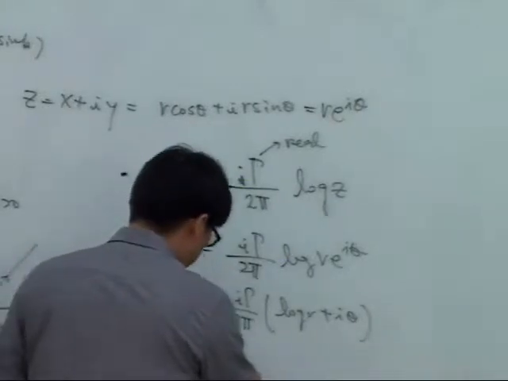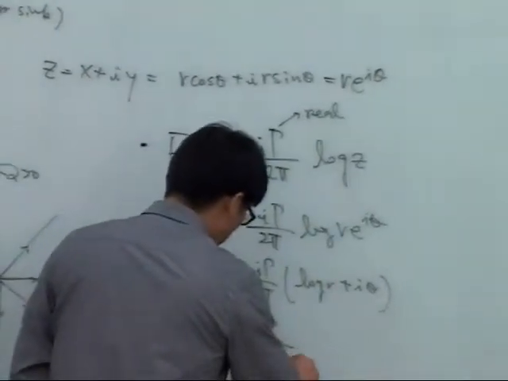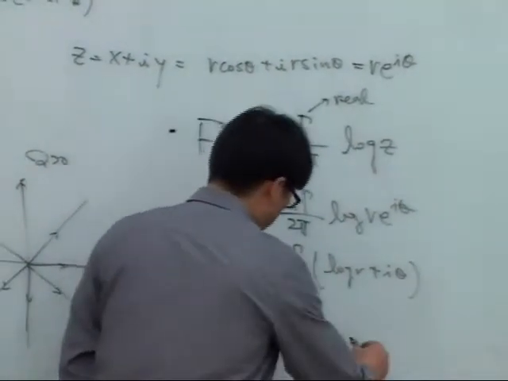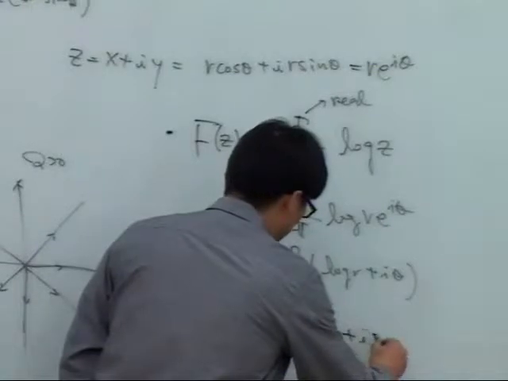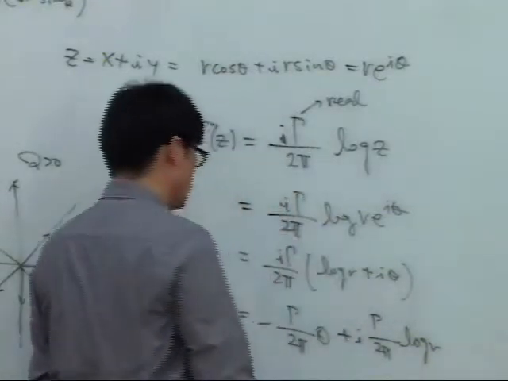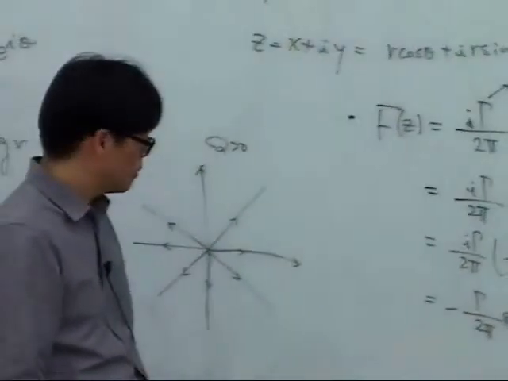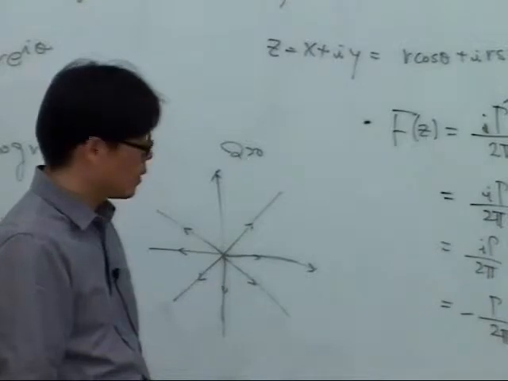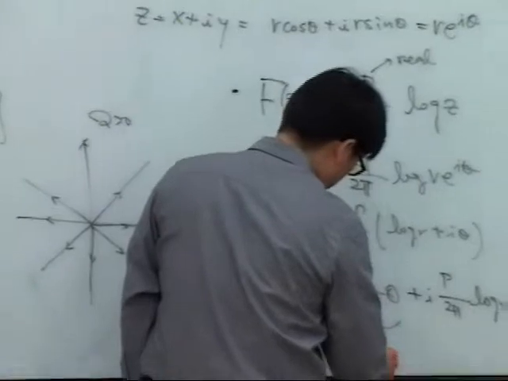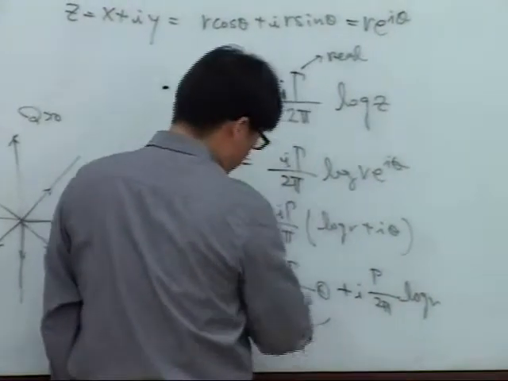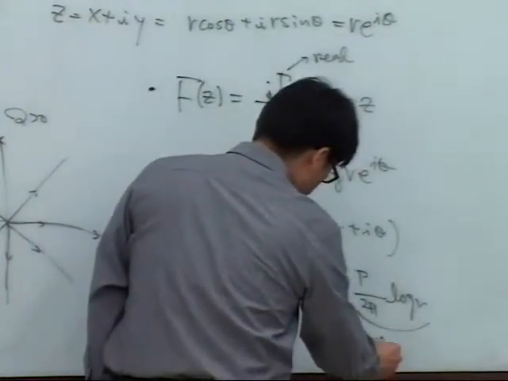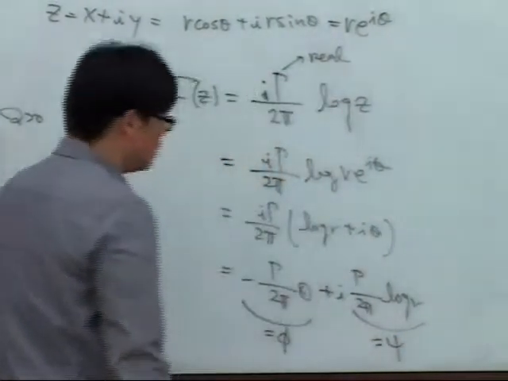And then I end up with minus gamma over 2 pi theta, and then I have plus i gamma over 2 pi log R. So this is phi. The real part of the complex potential is phi. The imaginary part of the complex potential is the stream function psi.